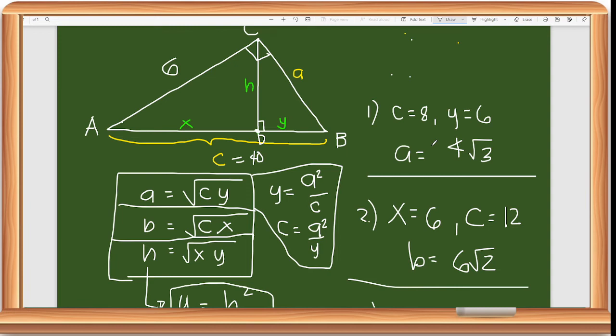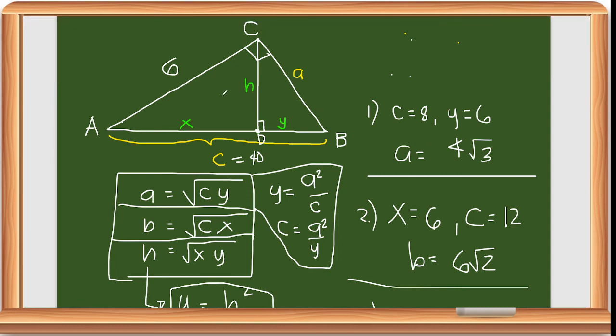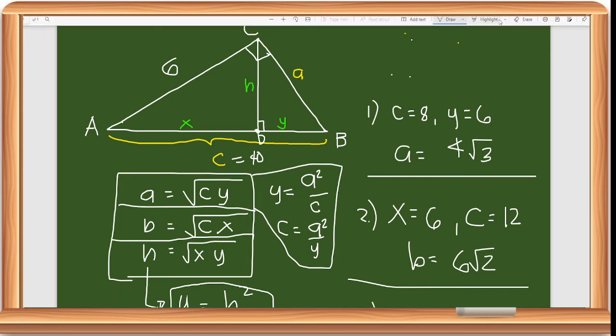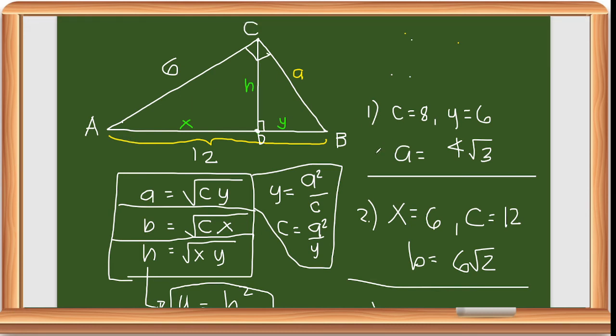So dito, what's this? Side B mo is 6. And your C is given also, which is 12. Okay, yan lang ang given. Yung isang leg ng malaking triangle at yung hypotenuse ng malaking triangle.